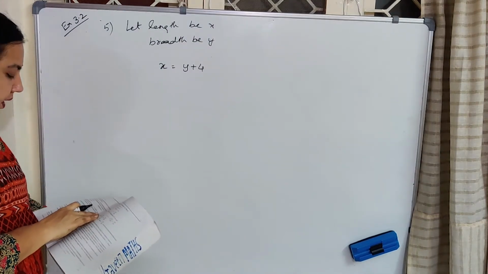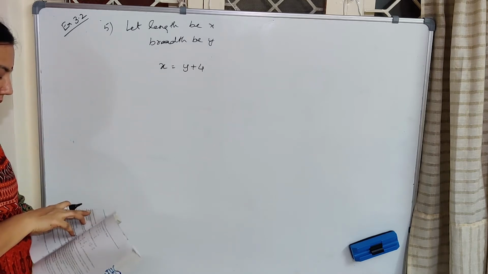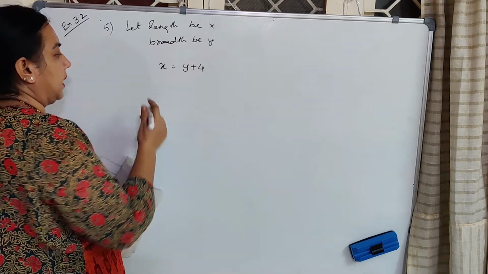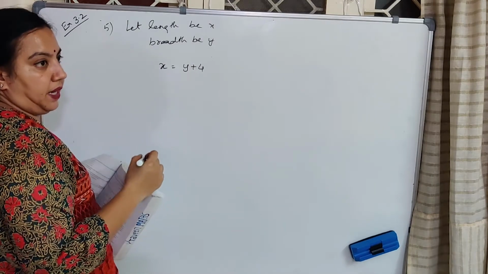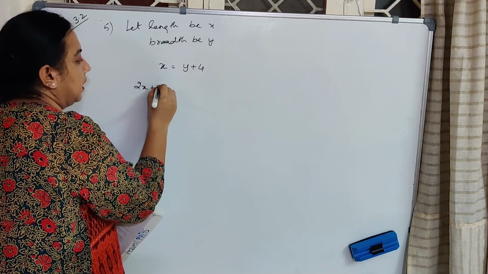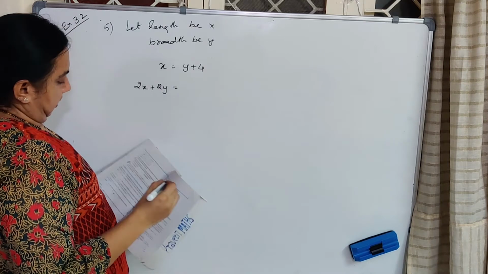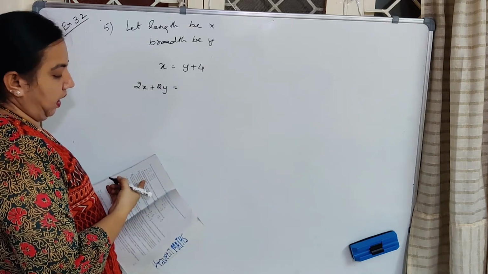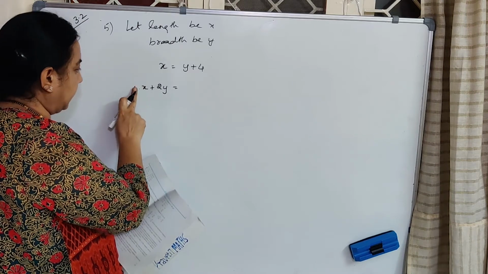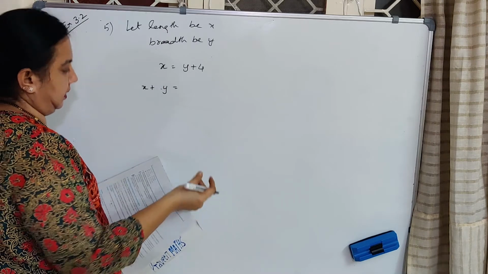And then the second equation: they say half of the perimeter of the rectangular garden is equal to 36. We know the perimeter of a rectangle is 2 times the length and 2 times the breadth. So I'll write 2x plus 2y is the perimeter, but here they have given half of the perimeter, so I'll write only x plus y is equal to 36.